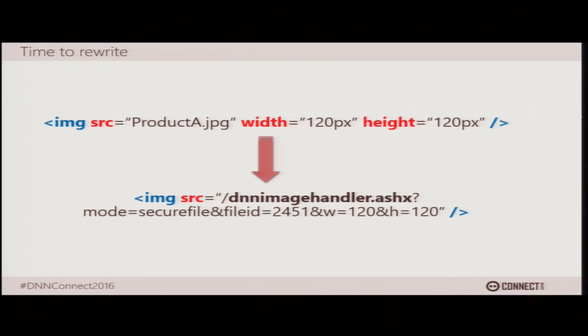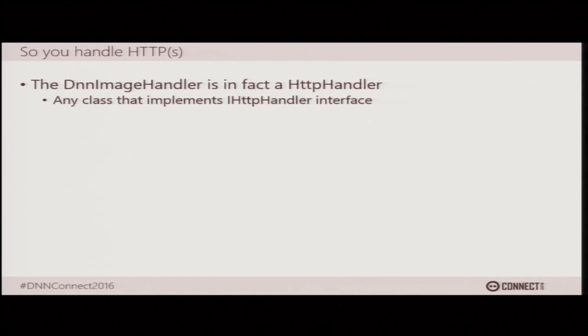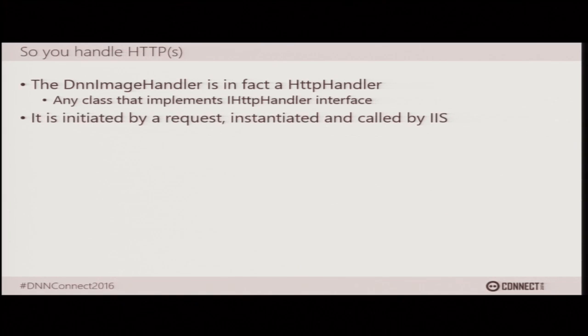And here you see something that's called an ASHX. For those who recall from the pub quiz, it is actually a handler. So you handle HTTP. The image handler is in fact an HTTP handler. Any class that does that basically is instantiated by the request.